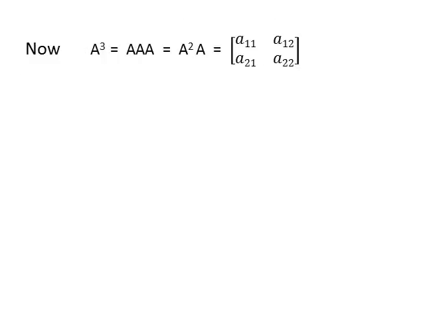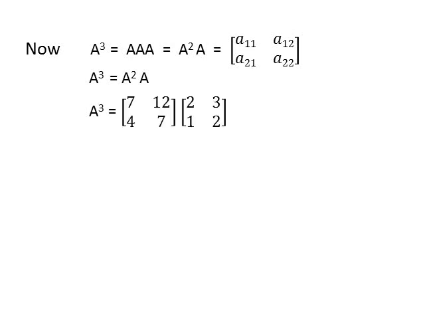As A is square matrix of order 2, so A cube is also a square matrix of order 2. To solve A cube, we write it as product of A square and A. In place of A square, write the matrix obtained from product of matrix A with A, that is a matrix with elements 7, 12 in first row, 4 and 7 in second row.